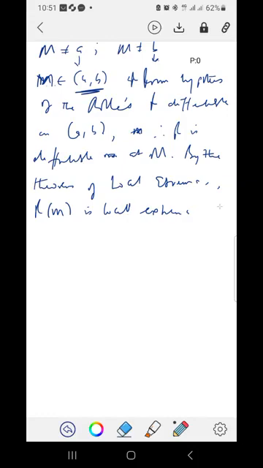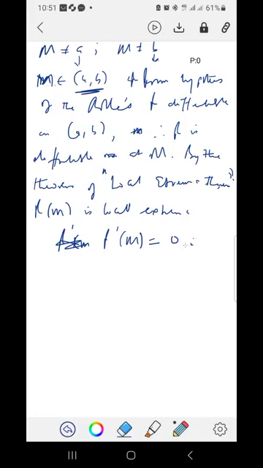And because it's a local maximum, by the local extrema theorem that we talked about earlier, F prime of big M will be equal to 0.